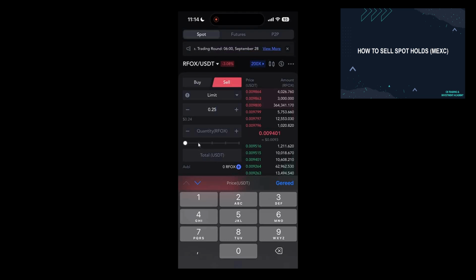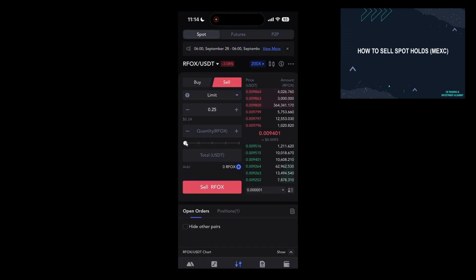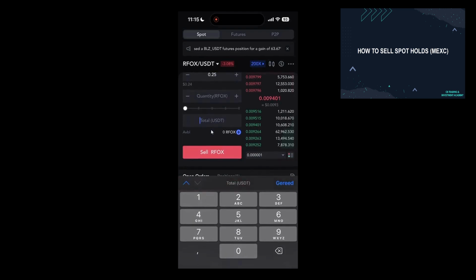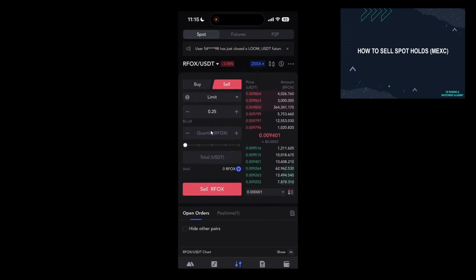You either use the slider to choose how much you want to sell, or you put in the quantity of RFox you want to sell or the total USDT you want to get. If you put in 250 here, you will see how much RFox you need to sell for that, and if you put in 10,000 here, you'll see how much you get. So that's the first option to sell, a limit sell.